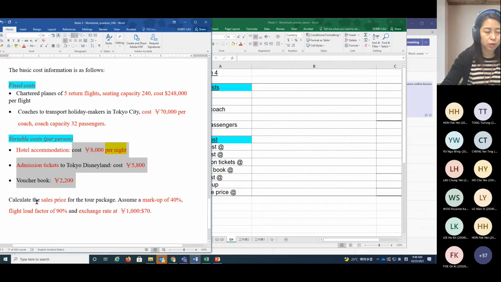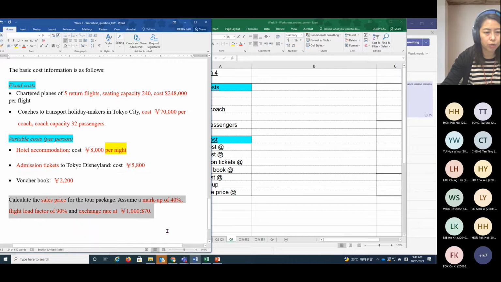Okay, so when the customer pays you, they have to pay Hong Kong dollars instead of Japanese yen. Okay, so for the last, you have to make a profit. So the calculation for the profit is the markup method. Okay, so you use 40% of markup, and then the load factor means the show up rate is 90% because some of your customers may be absent.